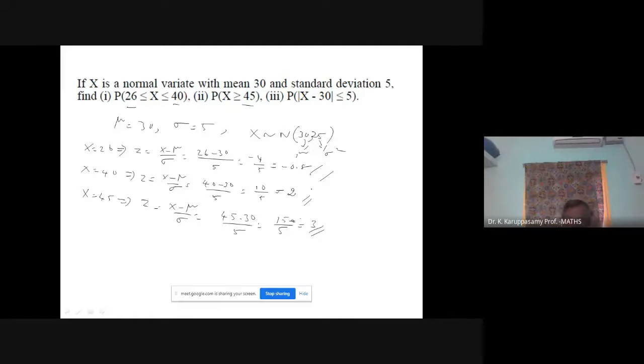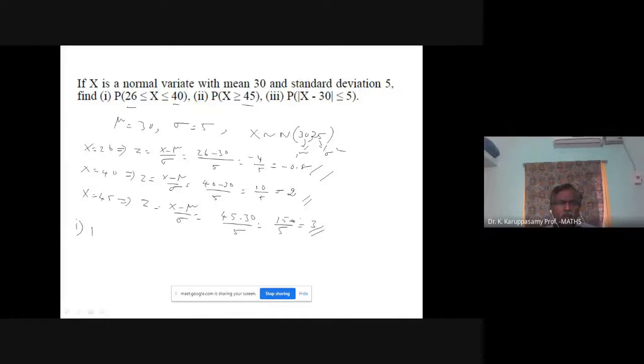These are the corresponding z values, because we know the answer only if the variable is z. Any normal variable is to be brought to standard normal variable. Now I am going to find the probability for 26 less than or equal to x less than or equal to 40.